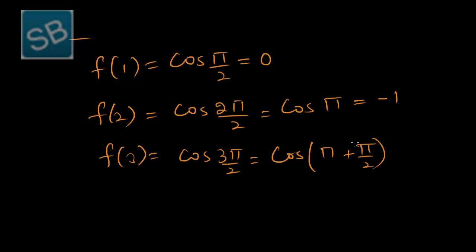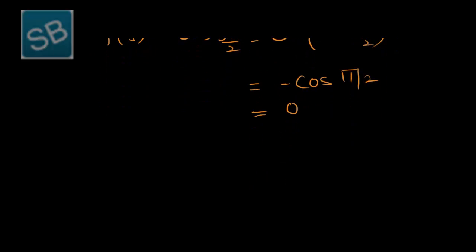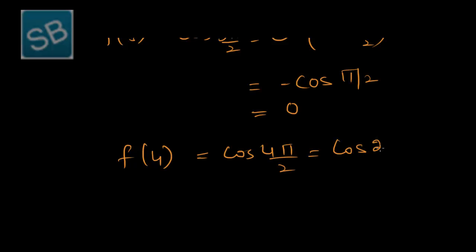Cos of pi plus theta is in the third quadrant, and on pi, the t ratio is not changed. That becomes minus cos pi by 2. Cos pi by 2 is 0, so it is 0. Now f of 4, that is cos 4 pi by 2, that is cos 2 pi. Cos 2 pi is 1.